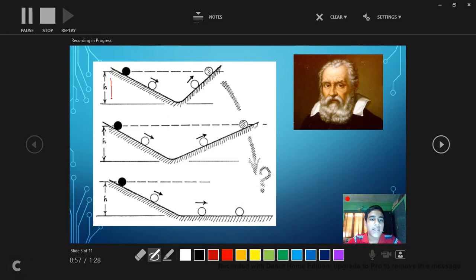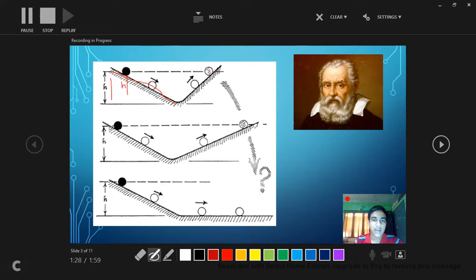So in this, what is happening? A particular height is there, and this is an inclined plane, a plane with a certain height, inclined at an angle with the surface. A ball is kept here and made to drop, and it is rolling. Suppose this height is h.